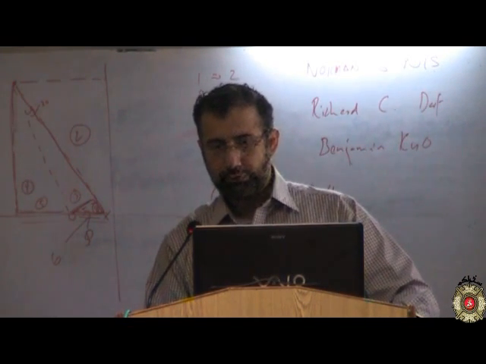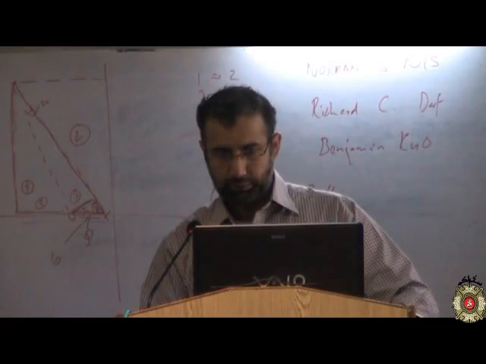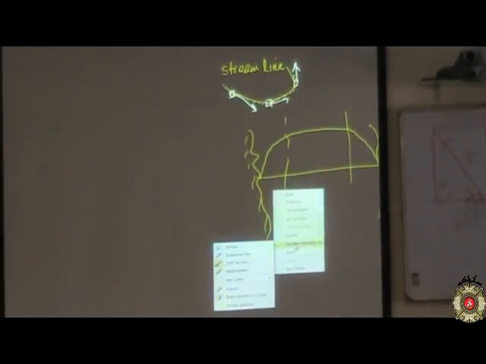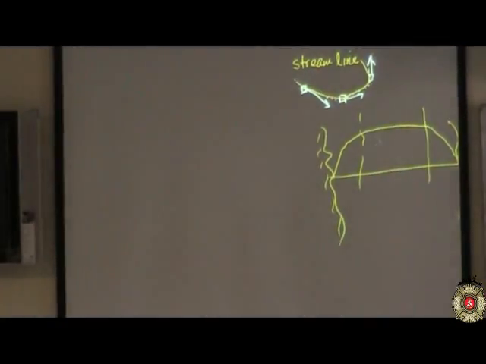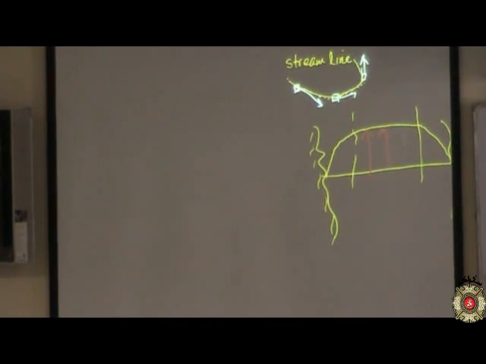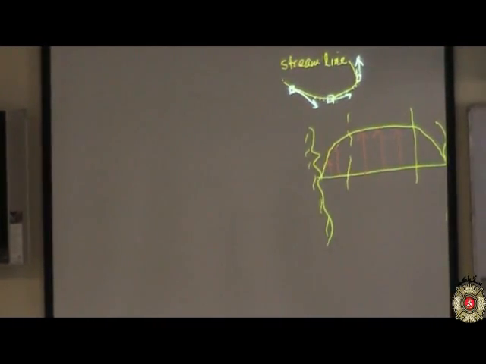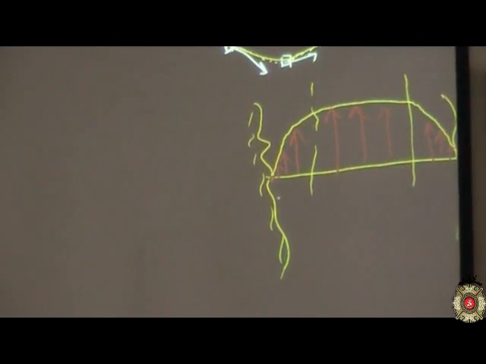Okay, so somewhere in the middle region the water is flowing fast, and close to the banks it is slow, and very close it is almost zero. Nothing happens there. Now this part is generally known as the boundary layer region. This part.